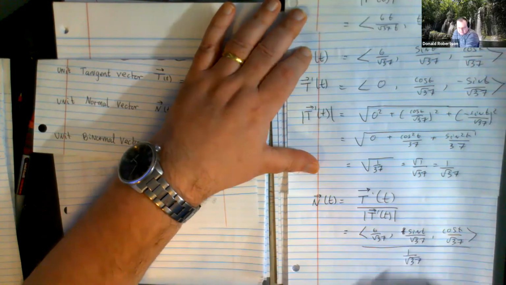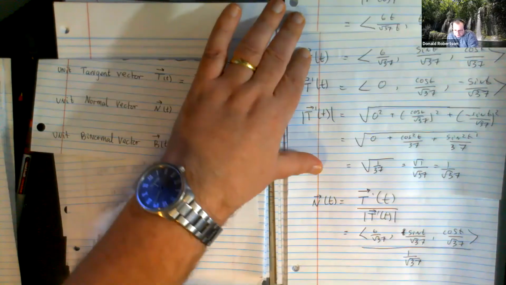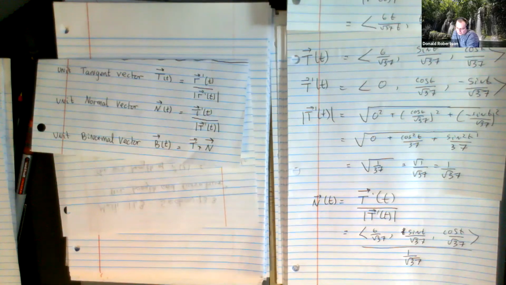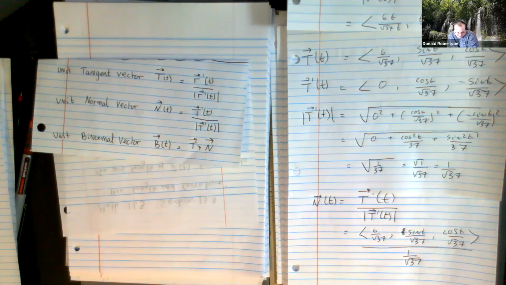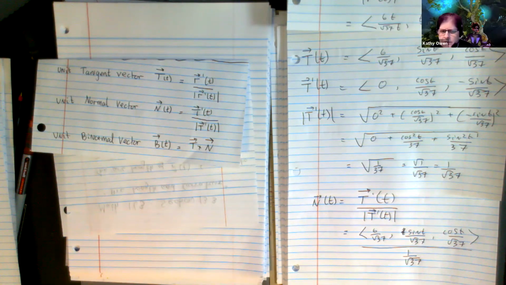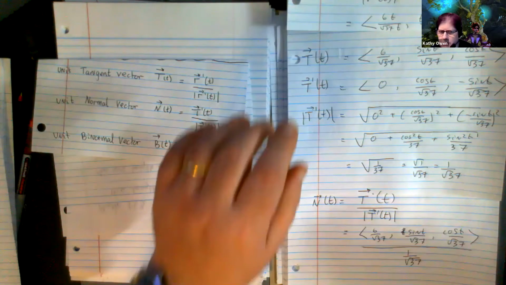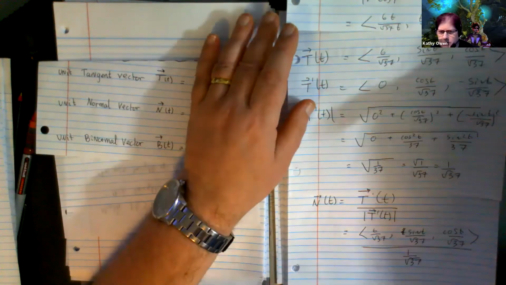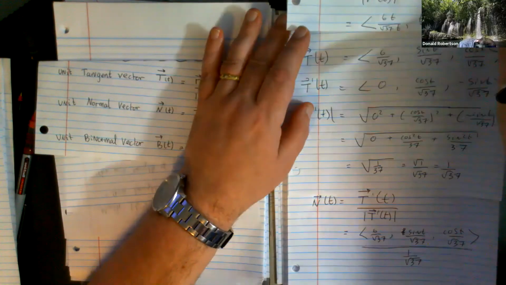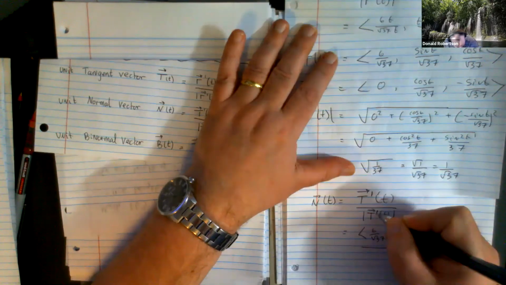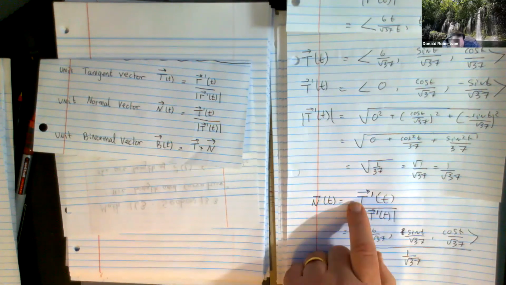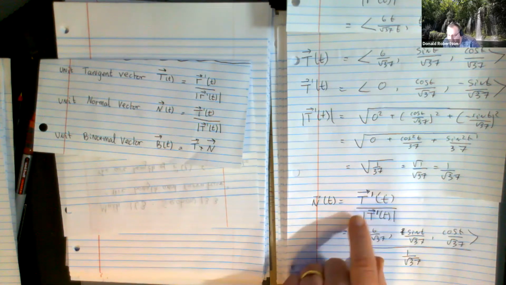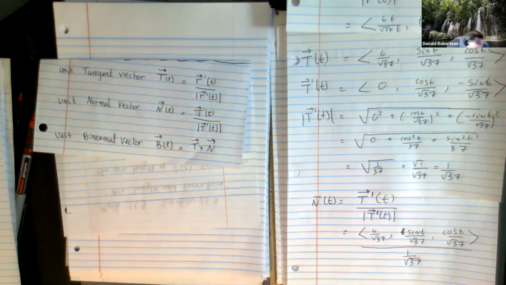Now, I'm running short of paper, so I'm going to do a couple of lines in one go. If you divide by this, isn't it the same as multiplying by the square root of 37? Is it the unit tangent vector or the derivative of the unit tangent vector that we are using in the numerator? It's the derivative of the unit tangent vector divided by the magnitude of the unit tangent vector.